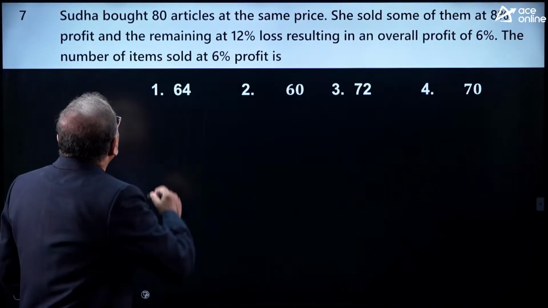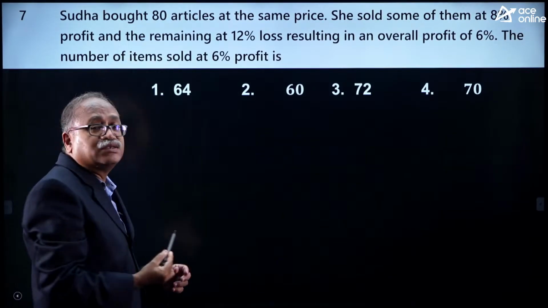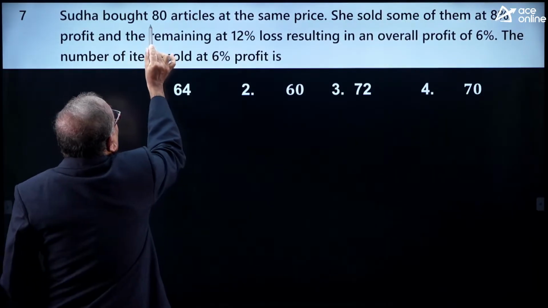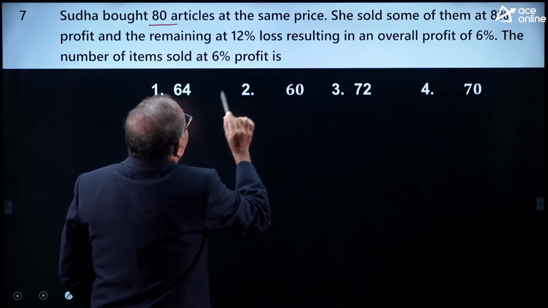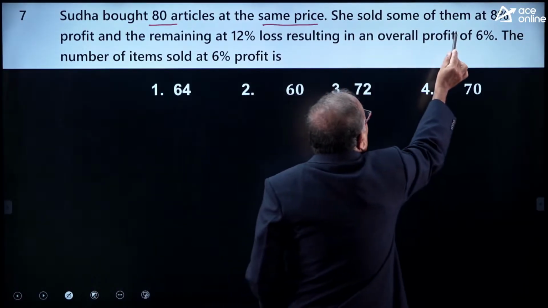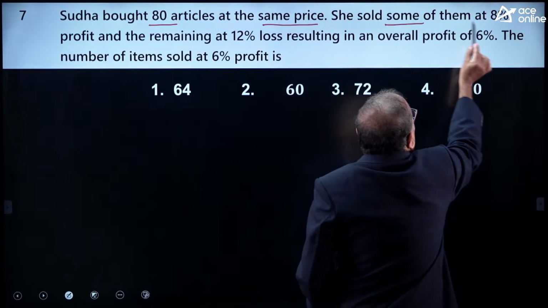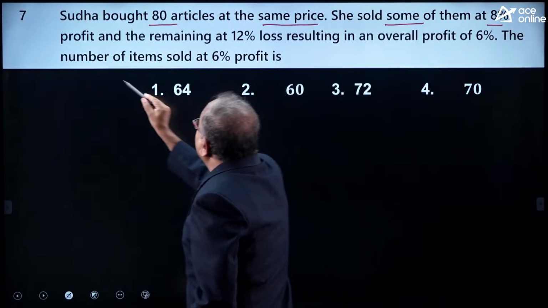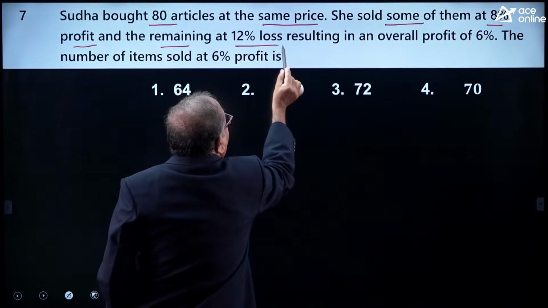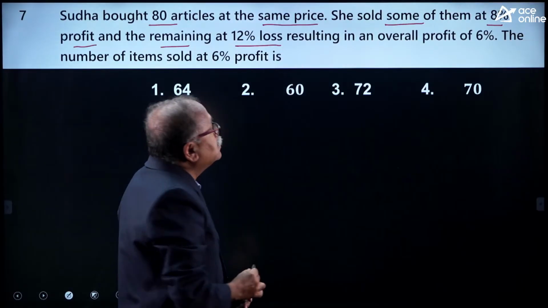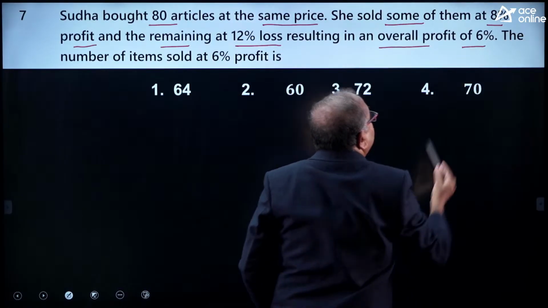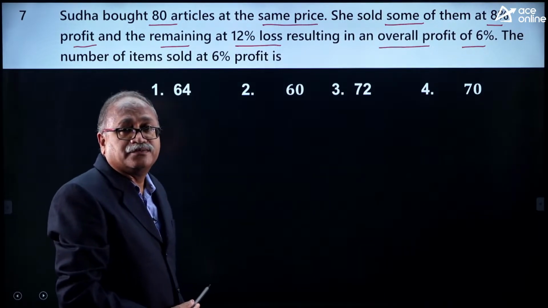Come on, let us see if you can answer this with the same speed. Sudha bought 80 articles at the same price, and she sold some of them at 8% profit and the remaining at 12% loss, resulting in an overall profit of 6%.